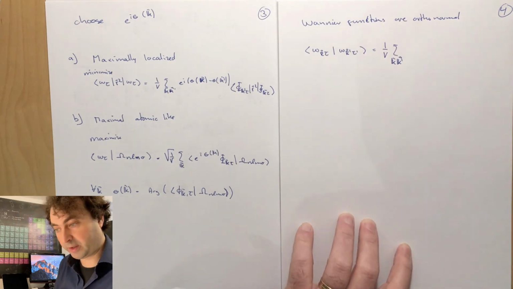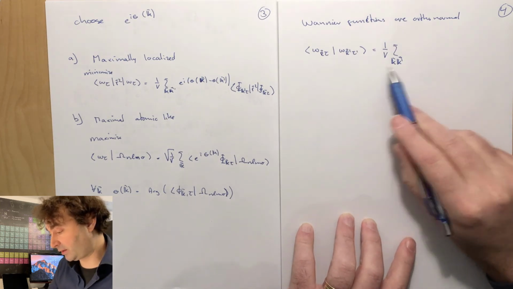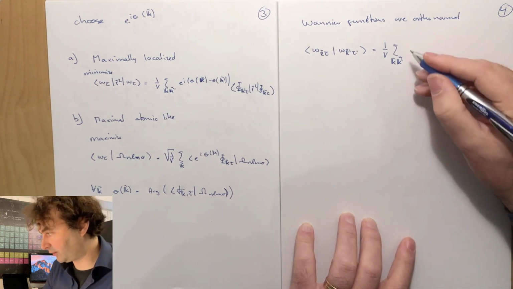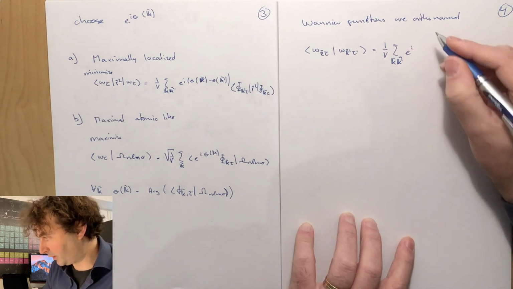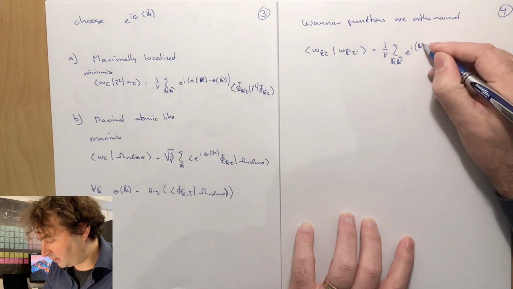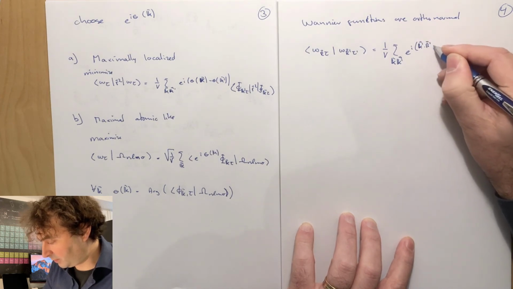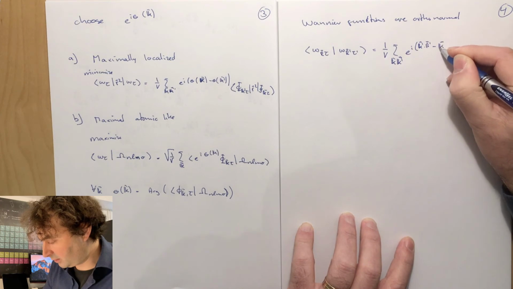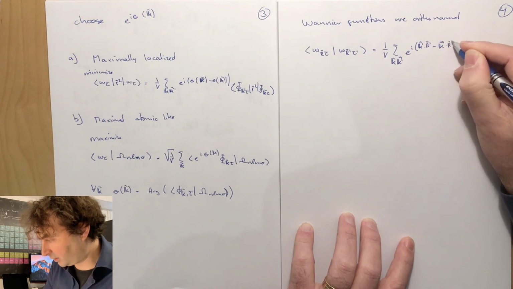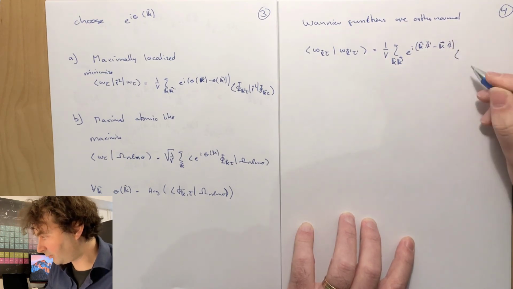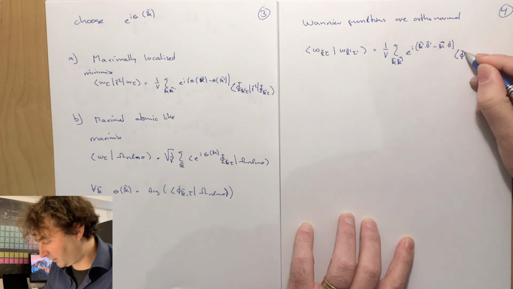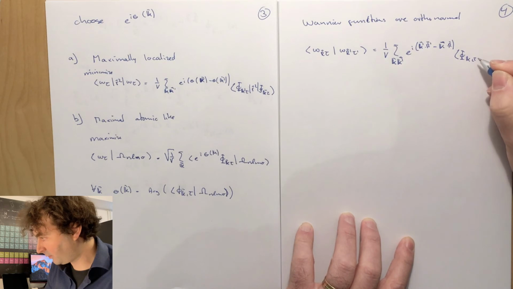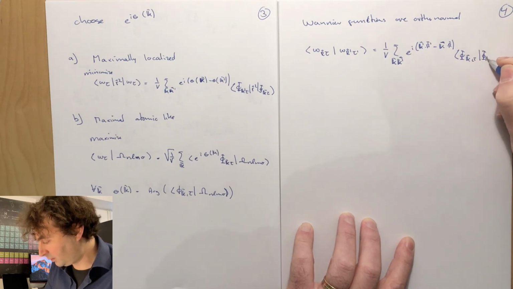I'm going to do the Fourier transform to go to my band eigenstates, one for the left and one for the right, one for the bra, one for the ket, e to the i k prime dot r prime minus k dot r. And then we have the inner product of the band eigenstates, k tau and k prime tau prime.